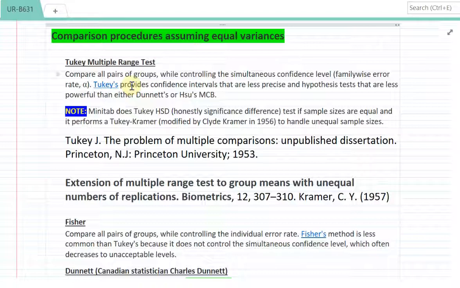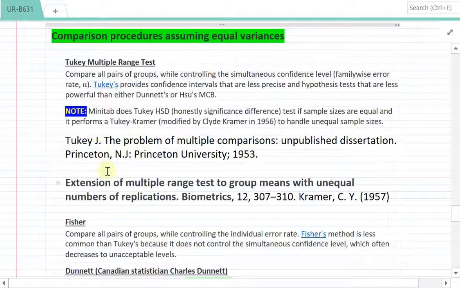He's believed to have contributed, during World War II, to the design of U-2 spy planes. So if you want to go to Wikipedia and search for John Tukey, you'll see a very impressive resume of this gentleman. And he came up with this, as you can see here, in 1953. I found these for you if you're interested.